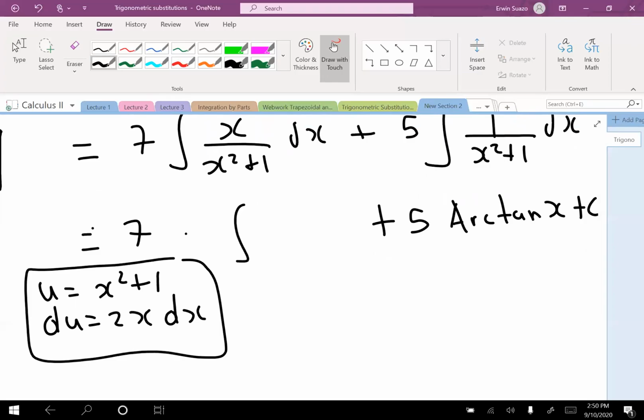Instead of x squared plus 1, I write u, and instead of x dx, I write 1 du over 2. So I take this half outside. I get 7 halves. What is the antiderivative of 1 over u?